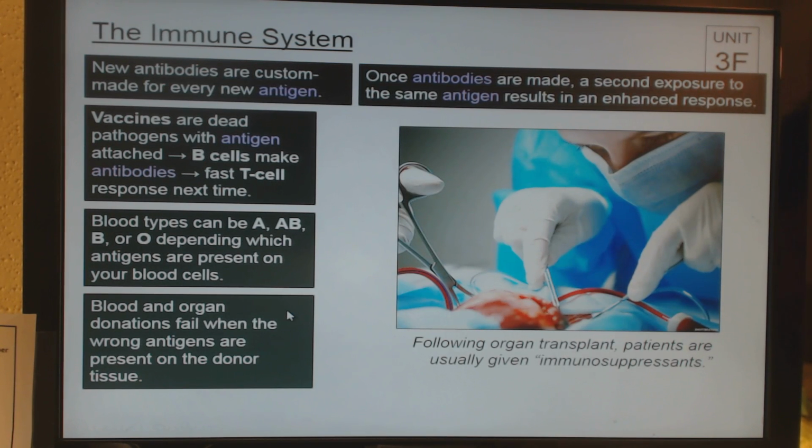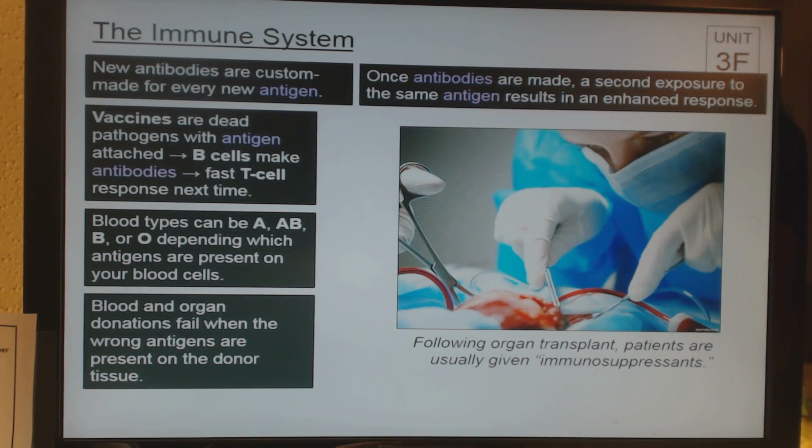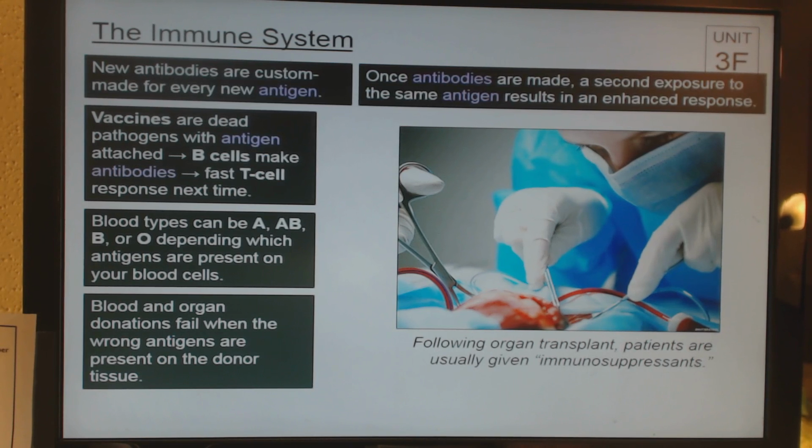And that's the same concept with organ transplants and organ donations. Organ transplants often fail because of the immune response. Basically, you put this huge organ in, even though they're human cells, human heart cells, for example, or human liver cells, and the immune system recognizes those cells as foreign agents.